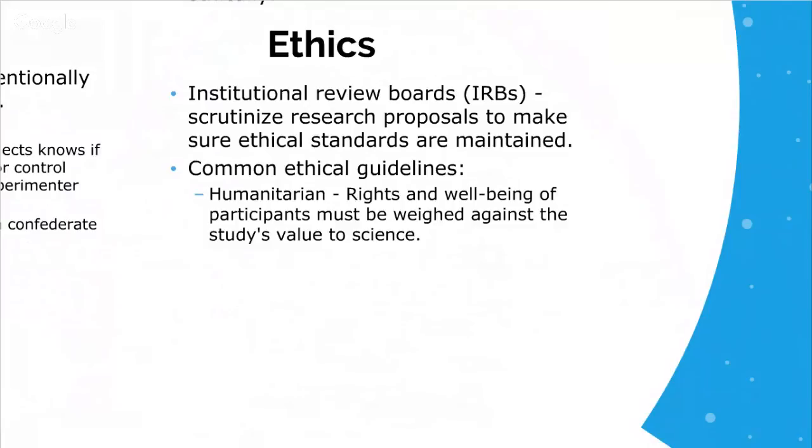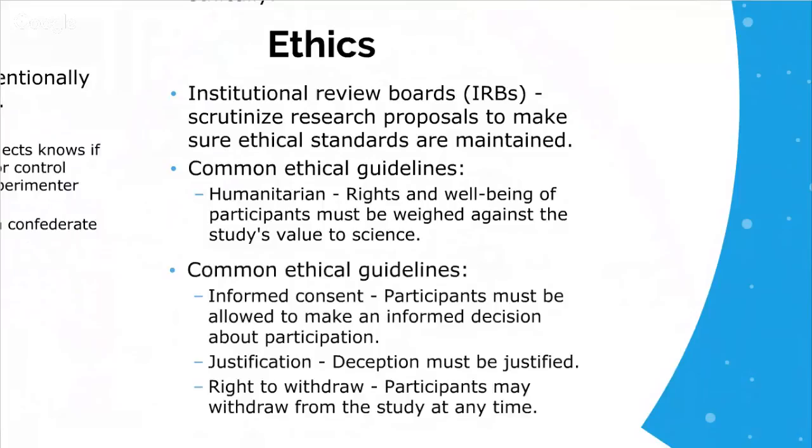So an example of this is you're not going to infect someone with a deadly disease just to see how they react to certain treatments. We know that the disease is deadly, and we may be able to treat people that have already been infected with the disease, but infecting people with the disease is stepping over the line here on the humanitarian aspect of ethical guidelines. Obviously, don't do that, and don't ask to do that for any of your projects, because the answer definitely is going to be no.